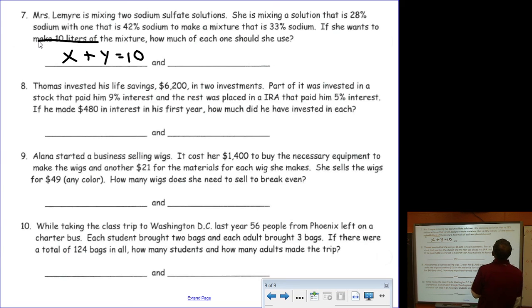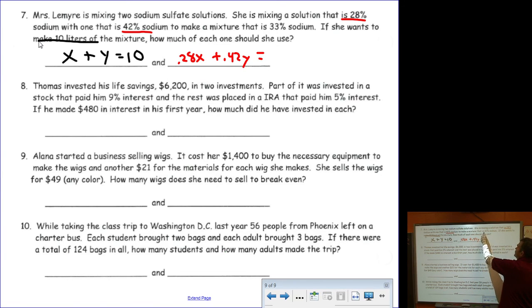And I am mixing, let's see, 28% is the first amount. So 28% of x and 42% of y needs to equal 33% of the mixture. So that would be 33% of 10, or maybe you multiplied that and got 3.3. That would be your two equations.